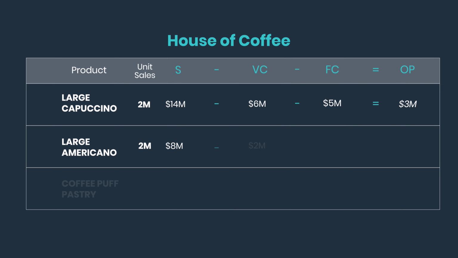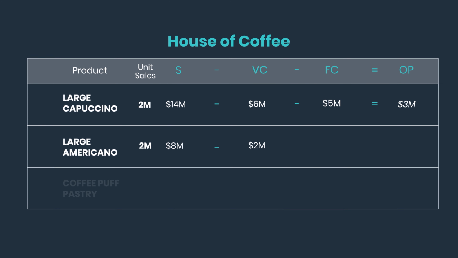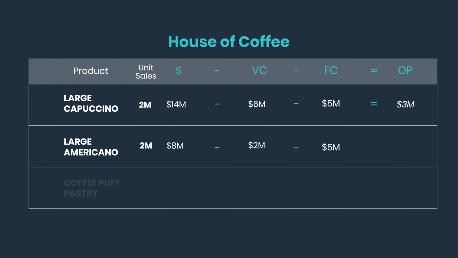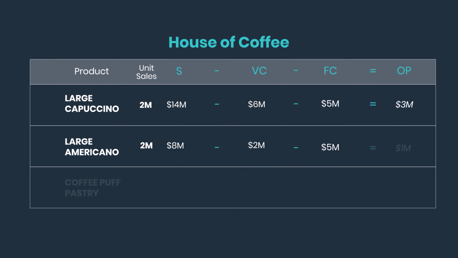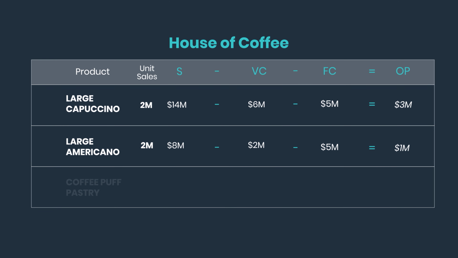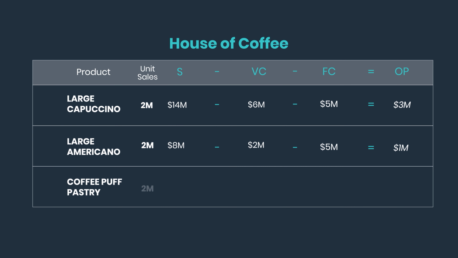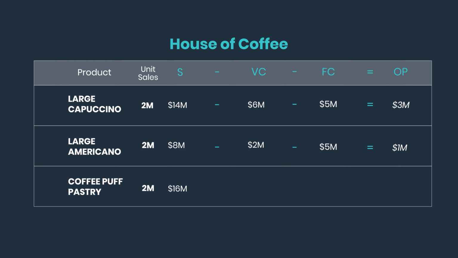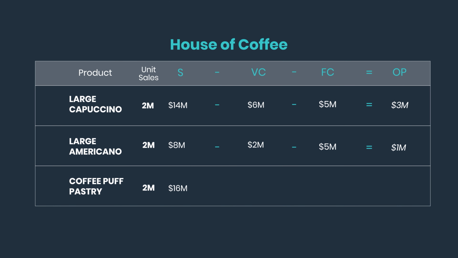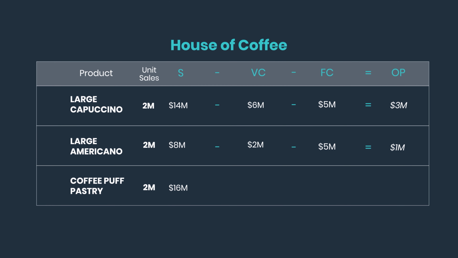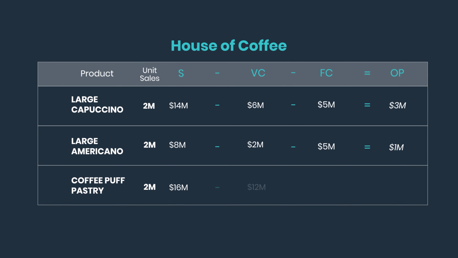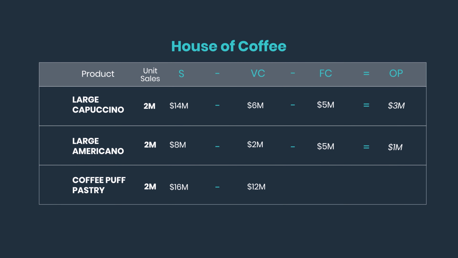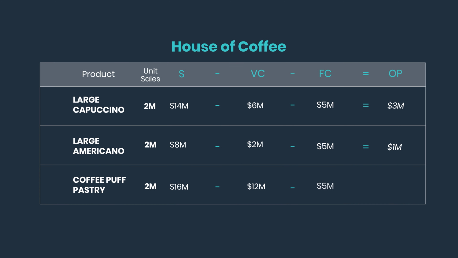Well, if we minus $2 million in variable cost and $5 million in fixed cost, we are left with $1 million in profit. As far as the coffee puff pastry, it makes $16 million in sales, which is great. However, the operating profit results in a loss since the variable costs are $12 million and the fixed cost is $5 million. The loss on this product is $1 million.